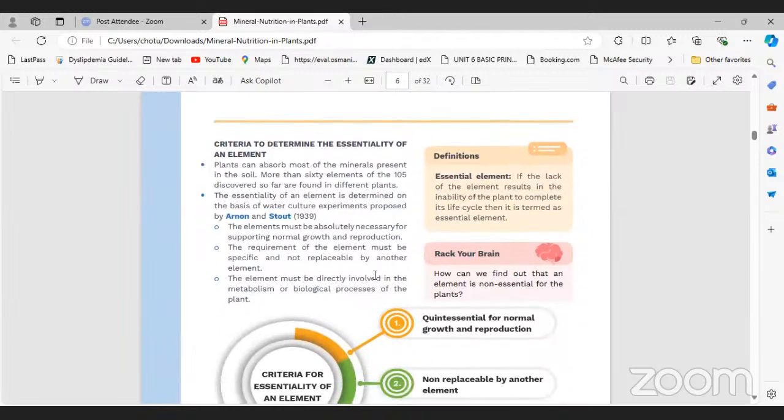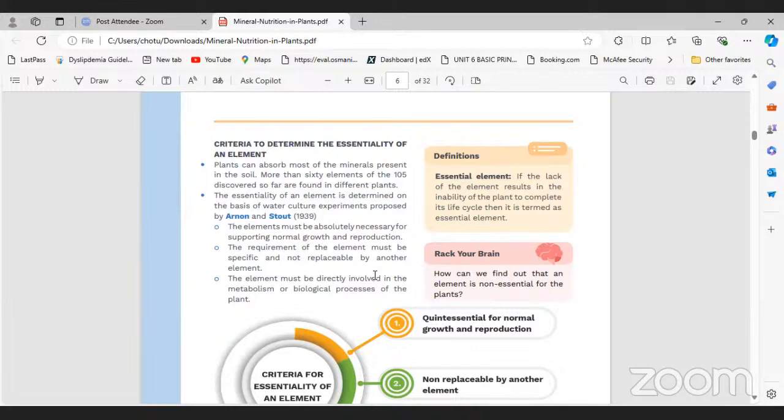What are the criteria to determine the essentiality of elements? Plants can absorb most of the minerals present in the soil.